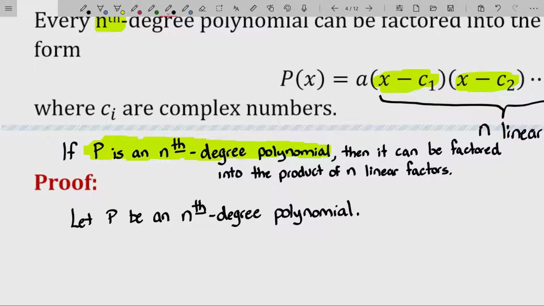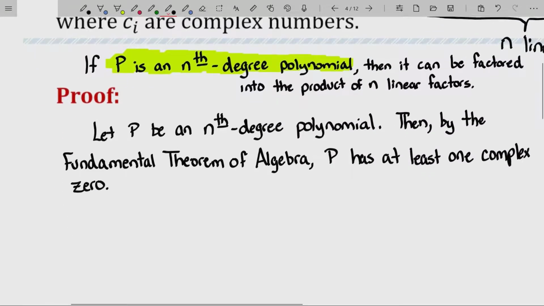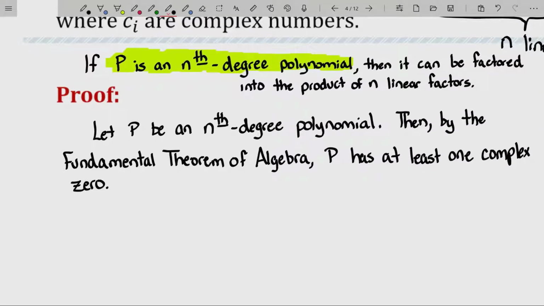Now, one thing we know from a recent theorem called the fundamental theorem of algebra is that if you have an nth degree polynomial, then you have at least one complex valued zero. Let's call that zero c sub 1.